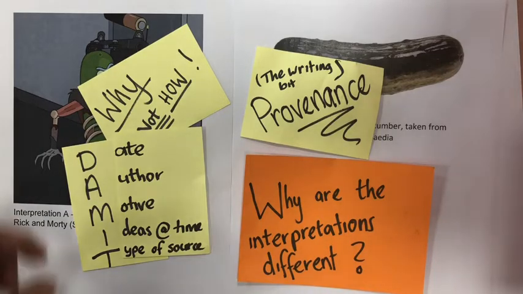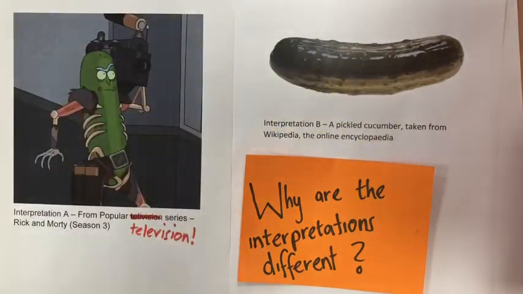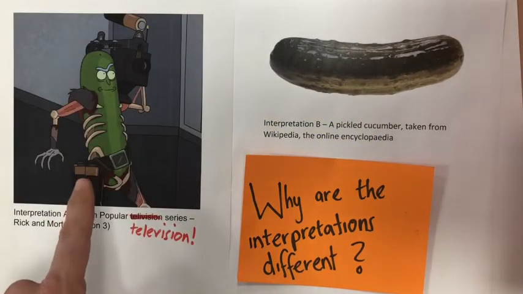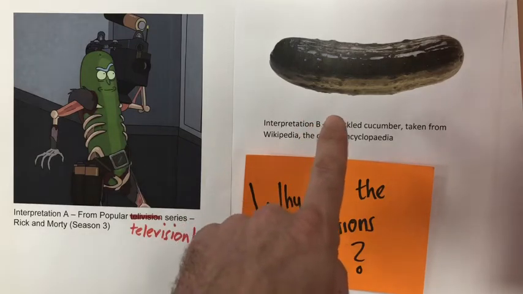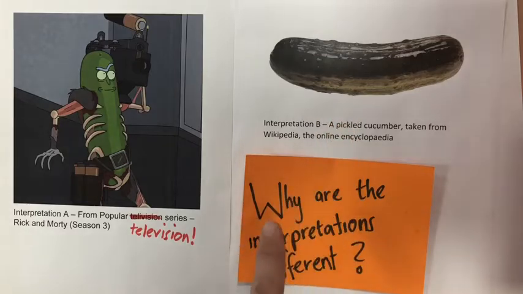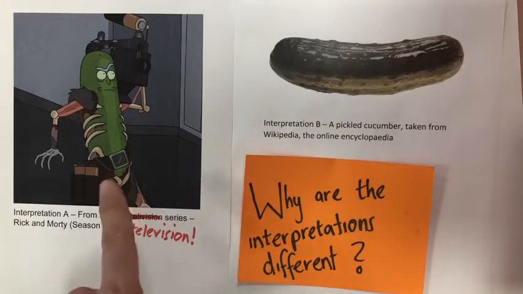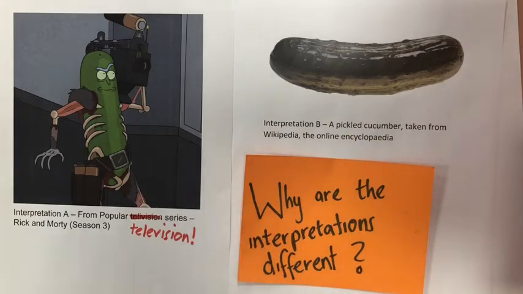For example, with this question, the types of the source, we might say, 1 is from a popular cartoon, the other is from Wikipedia. This is designed to entertain, this is designed to inform. One reason why they're different is because of their purpose and their audience. Okay, so remember though, we have to come up with 2 reasons why they are different.